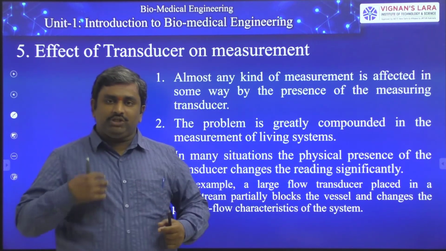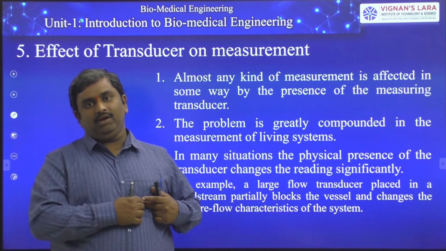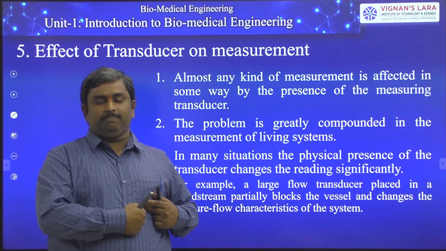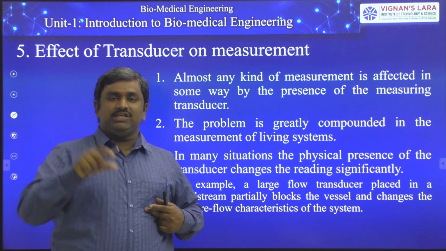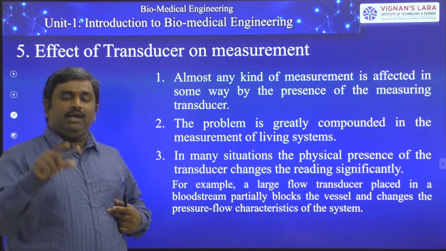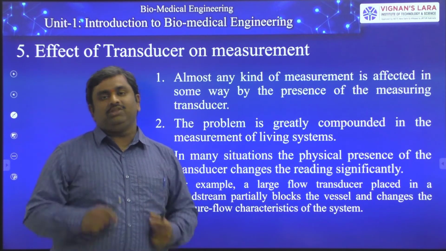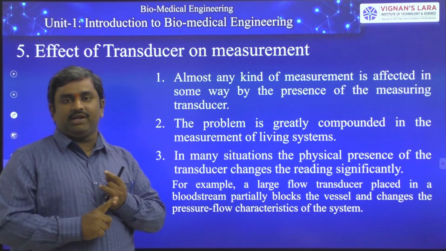So when the blood circulation is going on, if you want to measure the blood flow behavior and you place a big transducer in the blood circulation path, then it will automatically restrict the blood flow, and there may be a chance of disturbances being generated by the transducer.